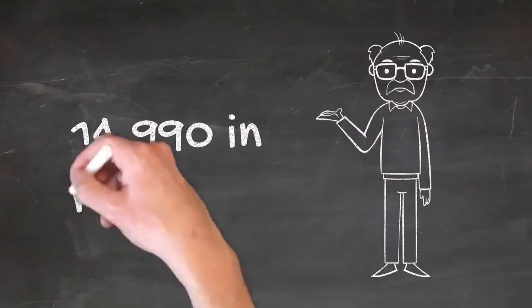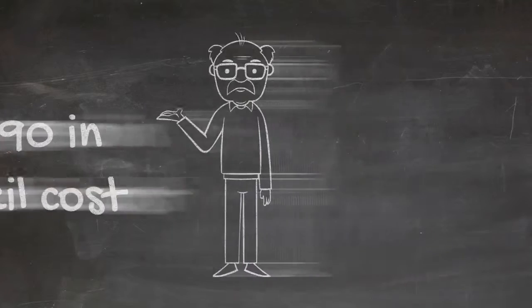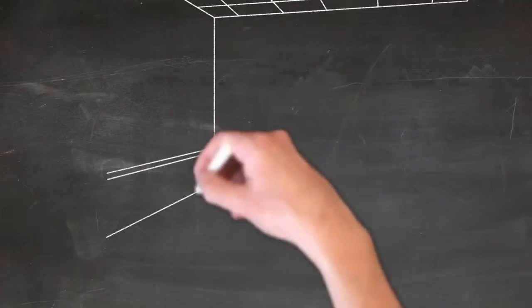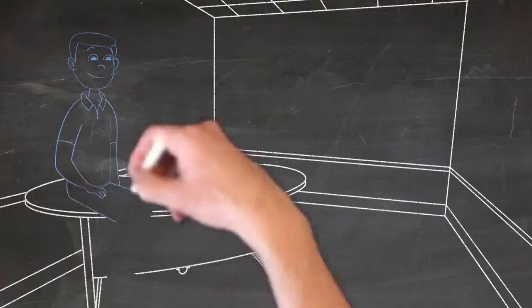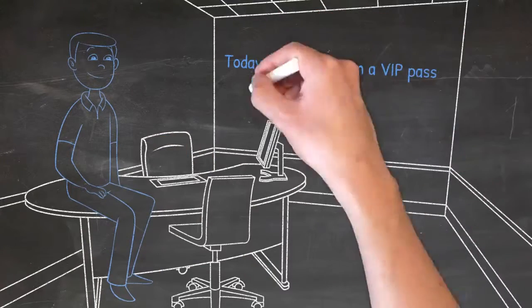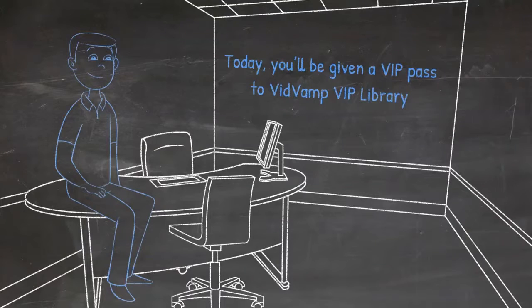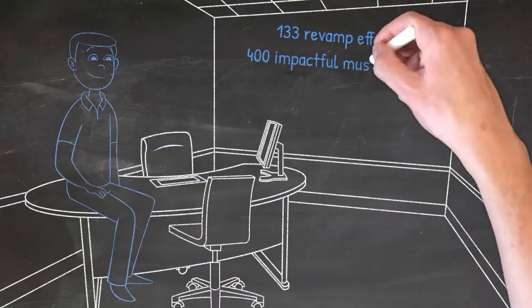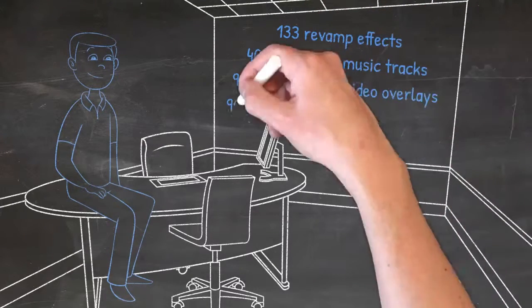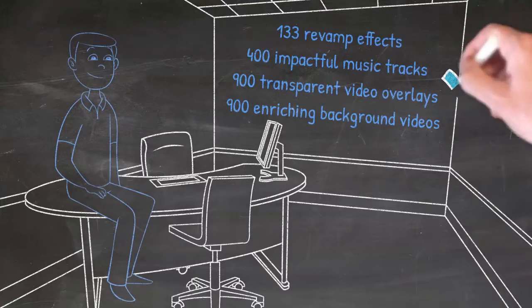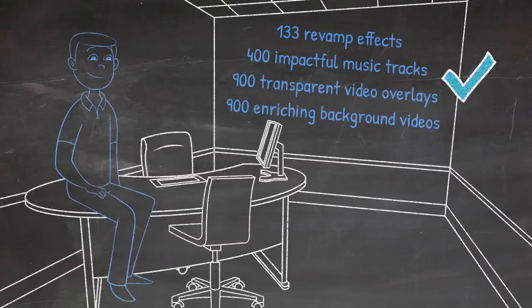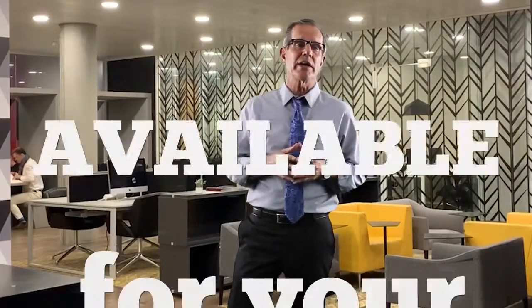And because you're a brand new VidVamp member, I want to give you instant access to everything I've mentioned and all the future revamp effects, music tracks, video overlays, and video backgrounds. Here's how it's going to work. Today, you'll be given a VIP pass to VidVamp VIP Library, in which you'll get 133 revamp effects, 400 impactful music tracks, 900 transparent video overlays, and 900 enriching background videos instantly available for your VidVamp software.